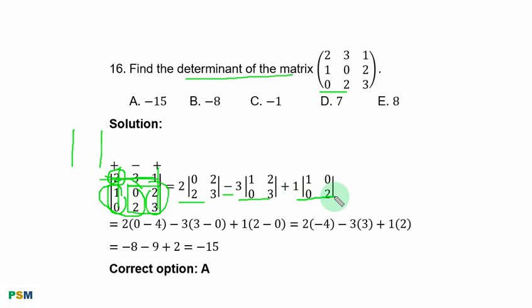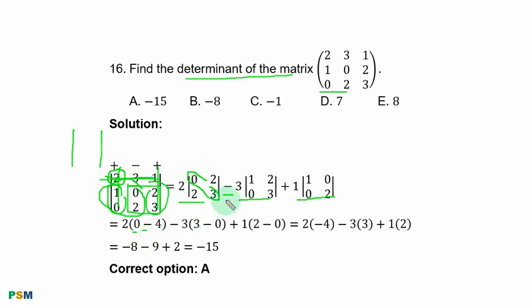To evaluate 2 by 2 determinants, you take the difference between the products of the 2 diagonals. You start with the main diagonal. 3 times 0 is 0. Difference is minus. 2 times 2, you have 4.